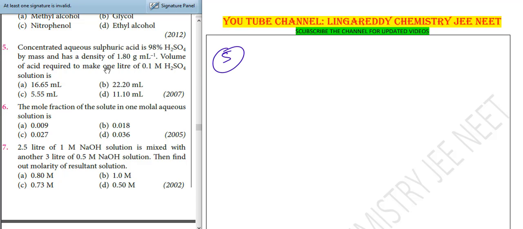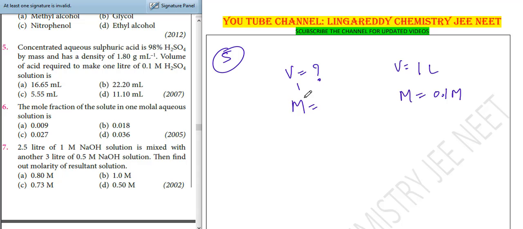Next, question number 5. Concentrated aqueous sulfuric acid, 98% H2SO4 by mass, has density 1.8. Find the volume of acid required to make 1 liter of 0.1 M H2SO4 solution. See here, one volume is given, 1 liter, and one concentration is given, 0.1 M. The starting concentration is indirectly given, and we are asking the volume.